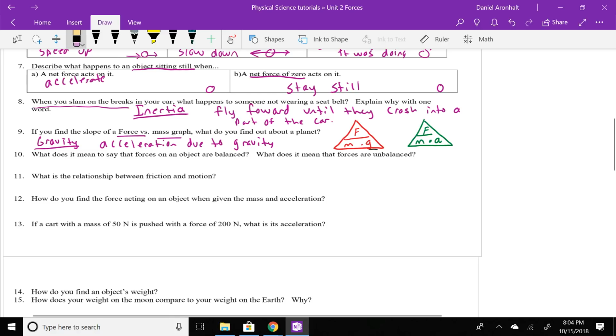So question number 10. What does it mean to say that forces on an object are balanced? What does it mean that forces are unbalanced? I think I already gave us this answer.